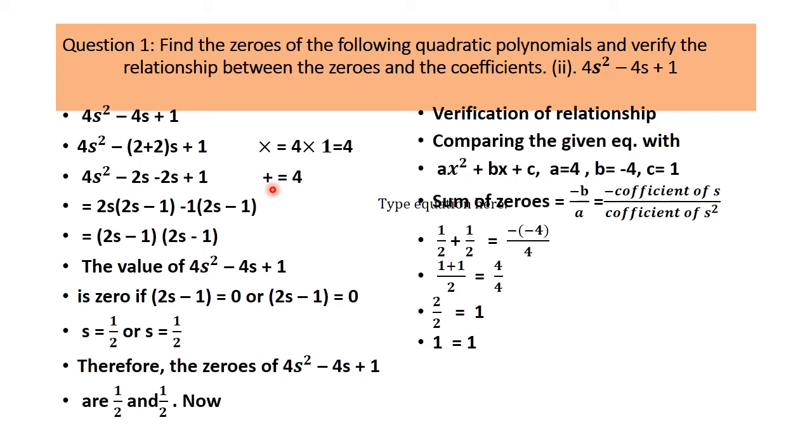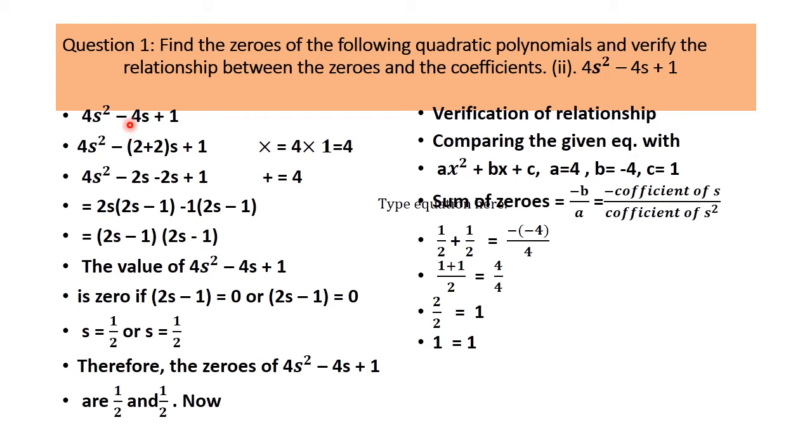and the last term sign is plus, so plus 4 equal to the middle term 4. So we will take two numbers whose product is 4, and when we add these two numbers, we will get 4. So that is 2 times 2 is 4, and 2 plus 2 is 4.